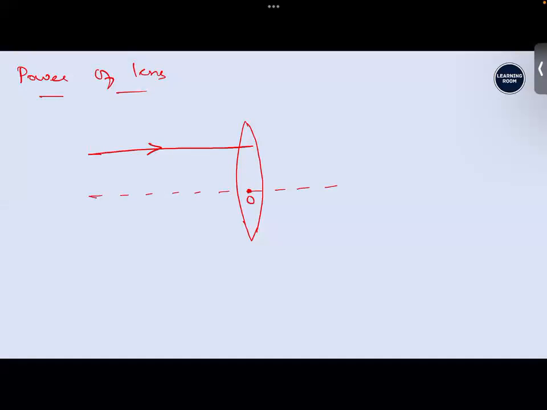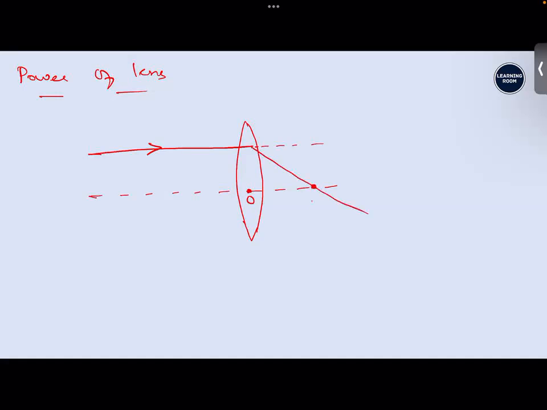Is that right? Now, if I have a convex lens, listen to this carefully. If this is O, from the optical center, I am considering a ray parallel to the principal axis. What will happen to this ray? It will start bending and the image is formed at the focus. So this distance I can call small f.